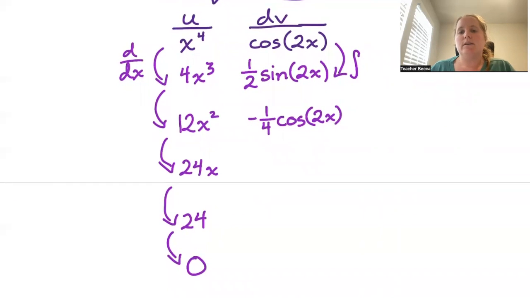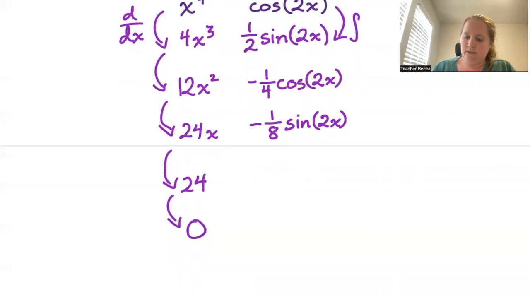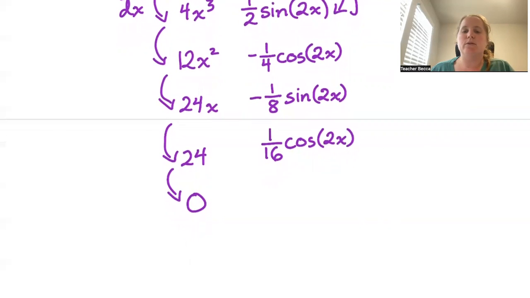Integral of cosine is sine, so integral of negative 1/4 cosine would be negative 1/8 sine of 2x. Integral of negative sine is positive cosine, so we'll go to a positive 1/16 cosine of 2x. And of course, integral of cosine again is sine. This becomes a 1/32 sine of 2x.